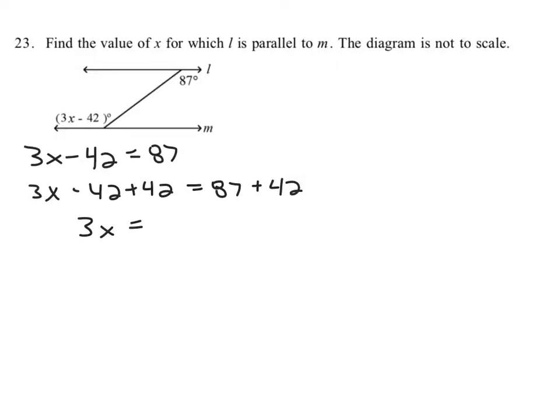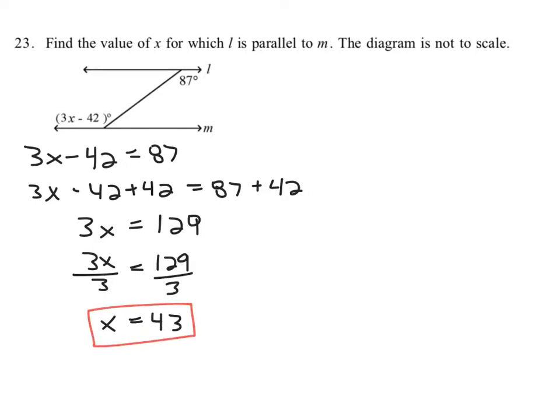And 87 plus 42 is 129. So when we do 3x divided by 3 equals 129 divided by 3, x equals 43.